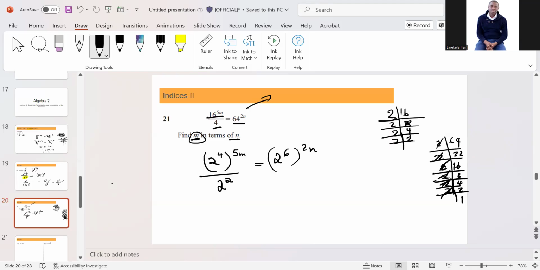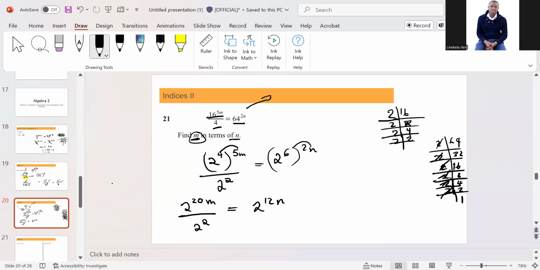Yes, this is division. So we want to make it linear. Division now, what do you do? Now, obviously, I can simplify this by just multiplying that by that. Then I will have 2 to the power of 20m over 2 to the power of 2 equals 2 to the power of 12n.